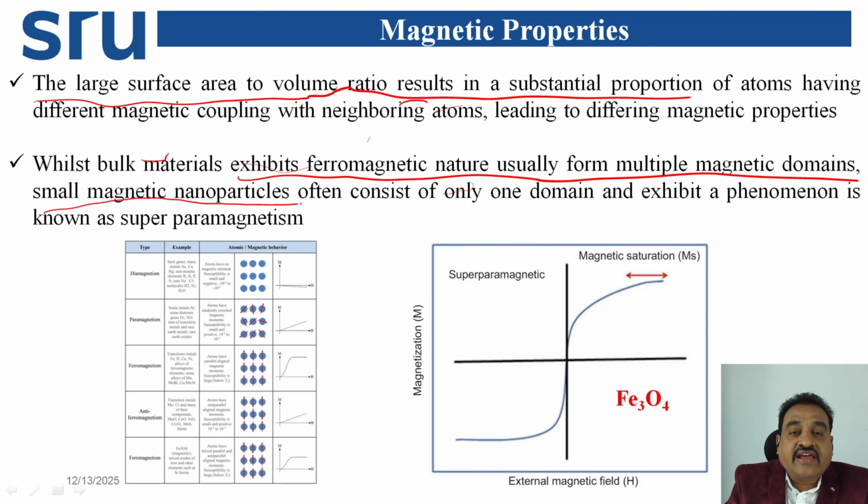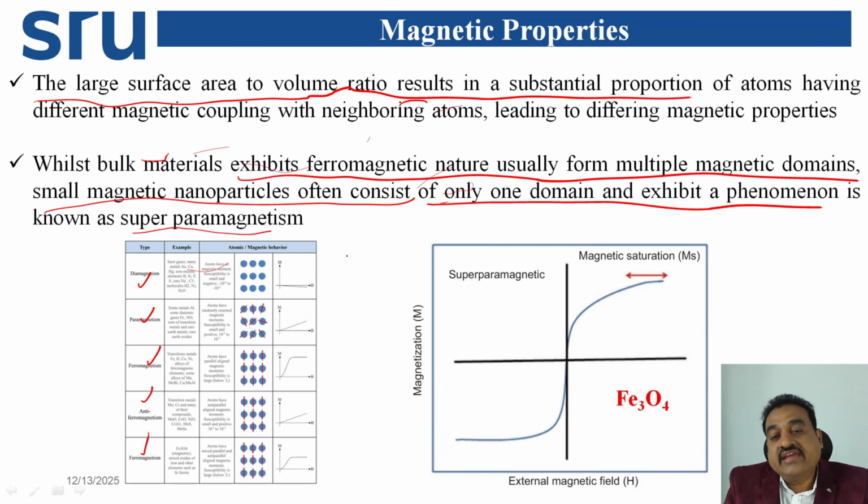Small magnetic nanoparticles often consist of only one domain and exhibit a phenomenon known as superparamagnetism. Here I have given diamagnetic, paramagnetic, ferromagnetic, antiferromagnetic, and ferrimagnetic materials, but I am not giving the detailed explanation here.